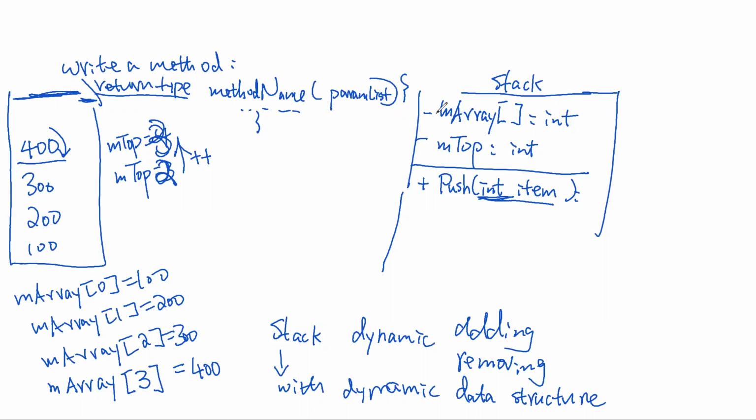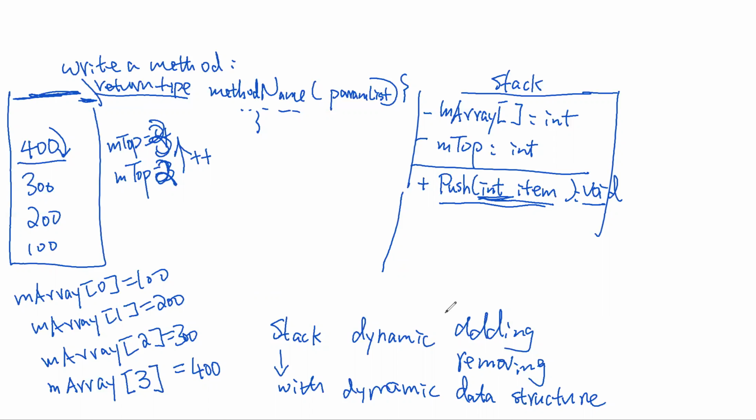Now for the push operation, what do you think the return type should be? Just guessing. Do you want to return something for this method? Void. Yeah, very good. Super good.